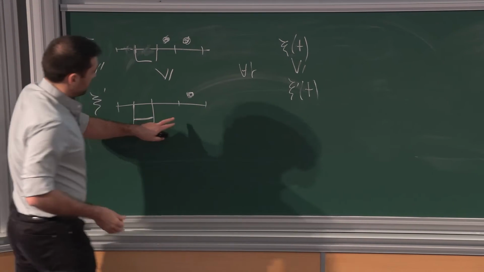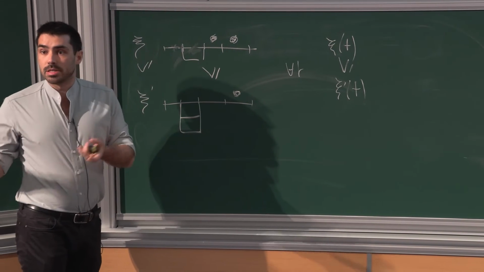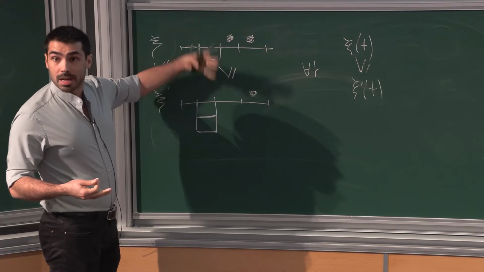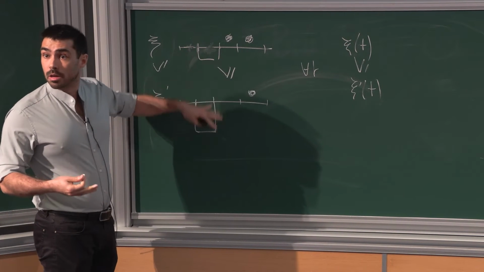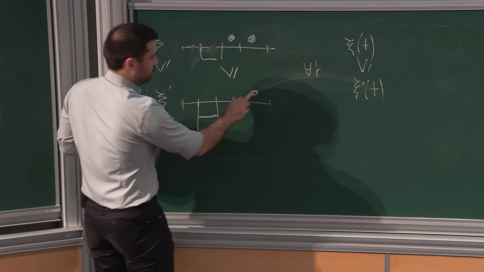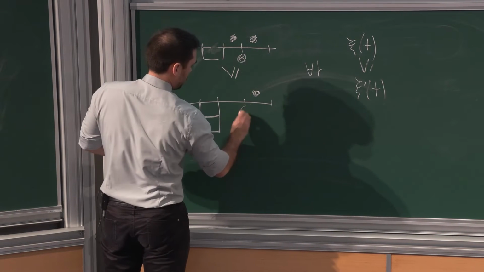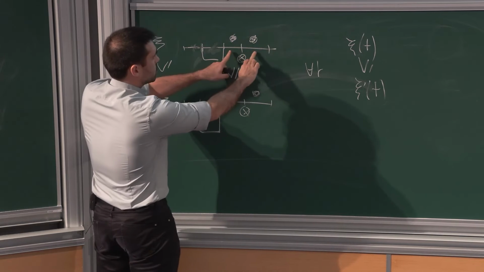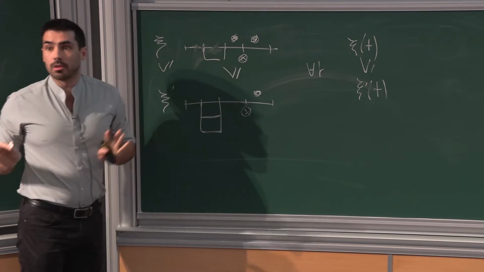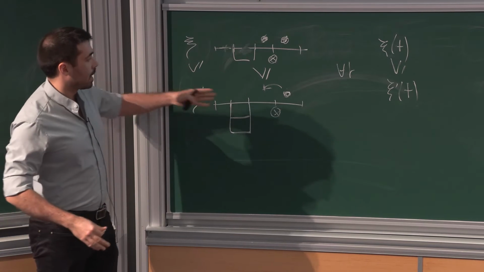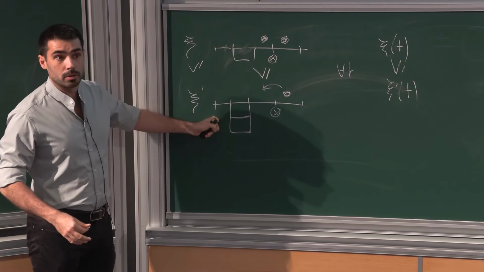You can imagine that you have a clock associated with each edge in your system, and you just put the same clocks on the same edges in both systems. So if this clock rings, for example, here you have the exclusion rule, so those two particles are not going to move, but this one is going to jump here. And you see that after the jump, this one is still larger than this one.